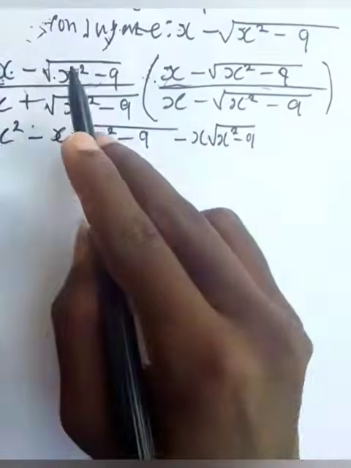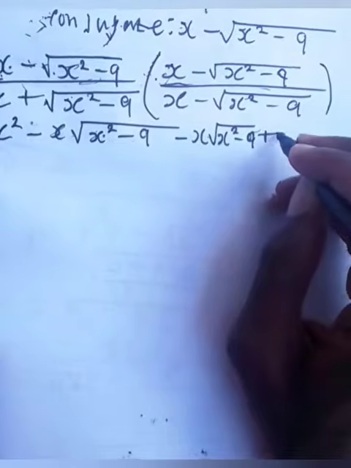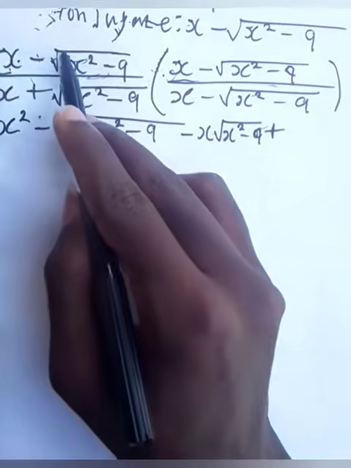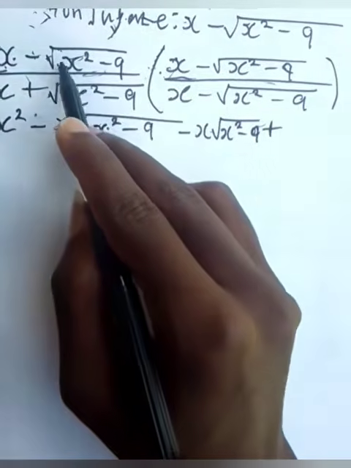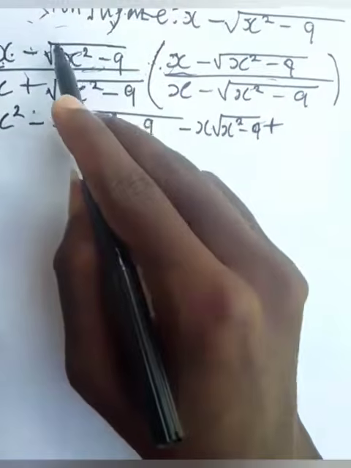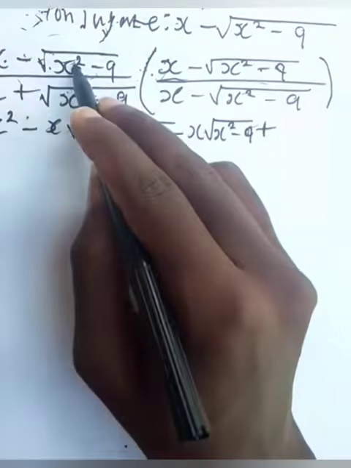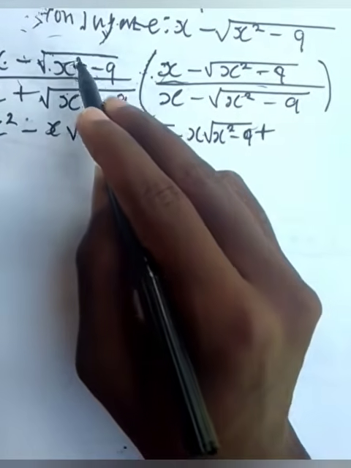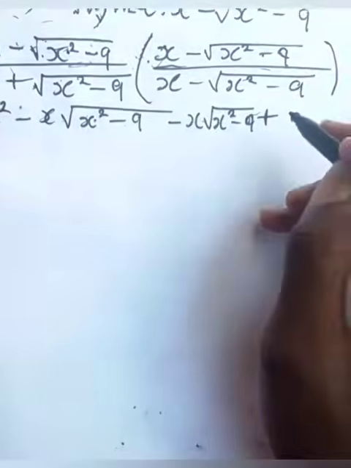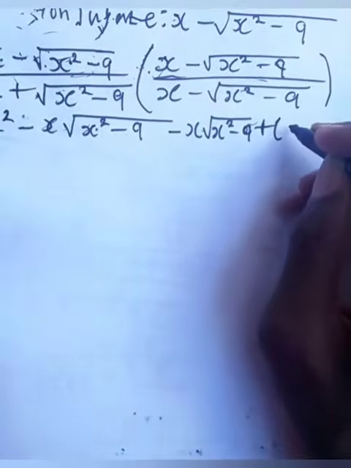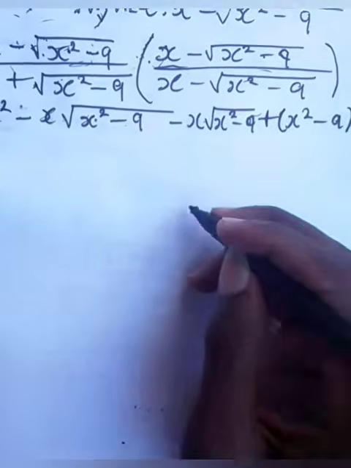Remember, this is negative, so already the sign is going to cancel, right? Since the same things are multiplying, the square root will disappear. Both are square roots with similar things under them, which is x power 2 minus 9, so we will remain with the same thing that is under the square root, x power 2 minus 9, right?